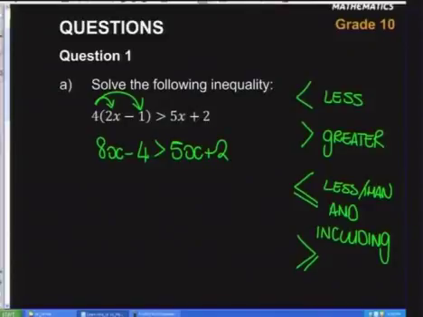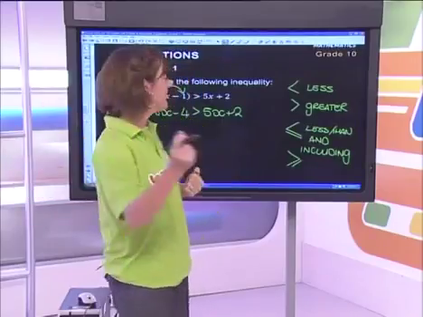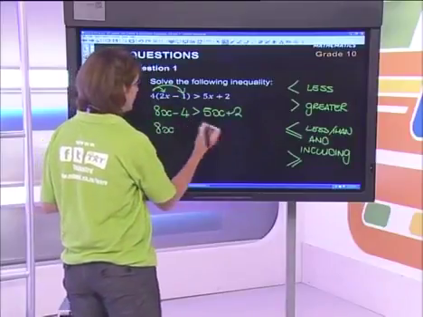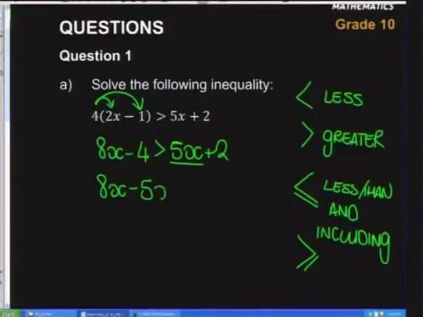Similar to an equation, we want to gather variables to the left-hand side, and we want to put all the constant terms, all the numbers, on the right-hand side. So the same process applies as if it was an equation. My 5x is going to become negative 5x, and it's still greater than, my positive 2 stays positive 2 on the right-hand side, but my negative 4 became positive 4 when it came over.